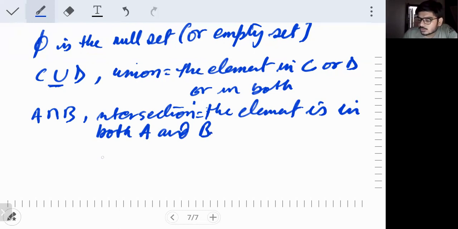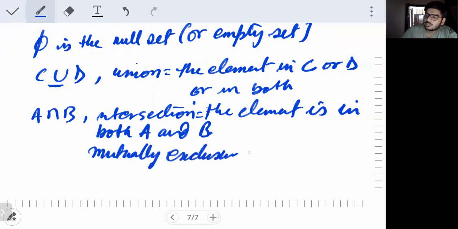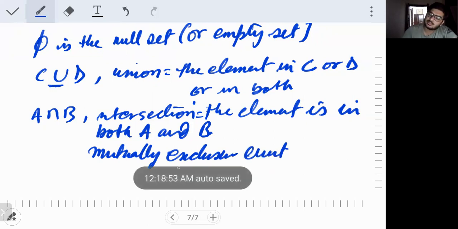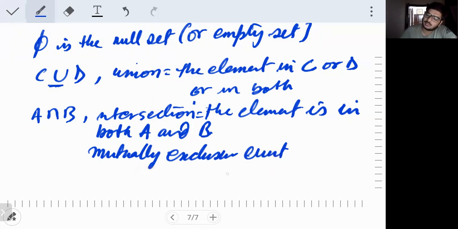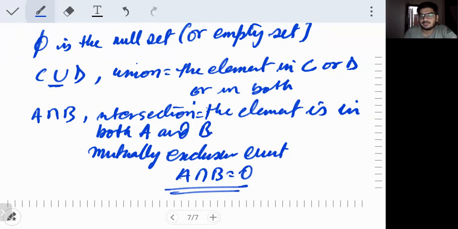This is also called a mutually exclusive event. For mutually exclusive events, the intersection of A and B has to be equal to the empty set, right?